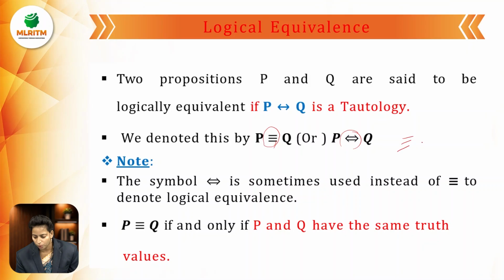The symbol ≡ is also used for logical equivalence, sometimes instead of the triple equal sign. If and only if P and Q have the same truth values, then it is called P is logically equivalent to Q.